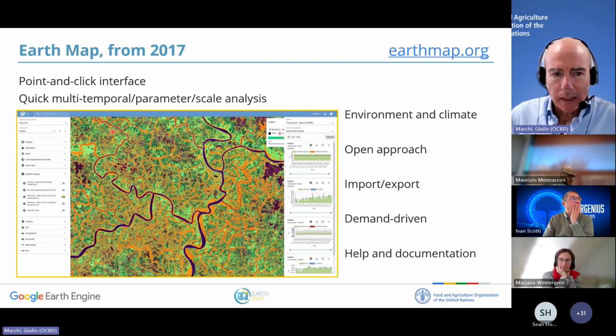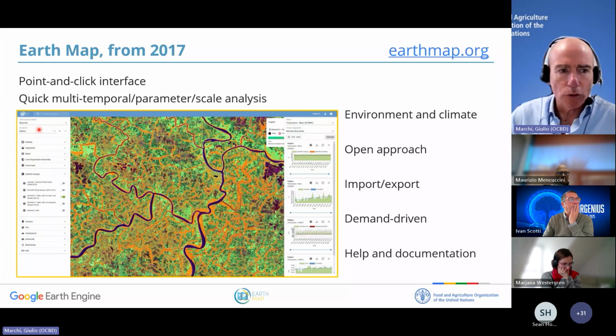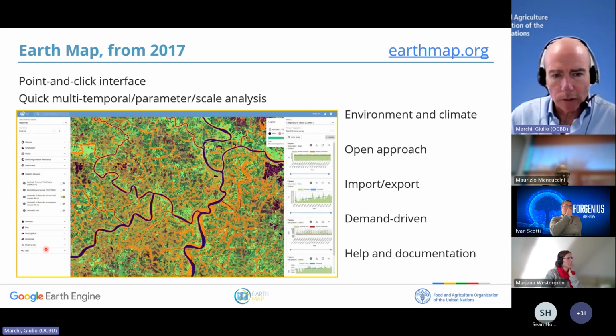So we came up with this idea of EarthMap, where you have a central frame for the image, and a left column where the user can select the area, the administrative levels below the country, or even import their own areas, or even draw a polygon on the map. Eventually, the user can select among these tens, almost hundreds of datasets, which image product to display in the central window. And this is fine and nice.